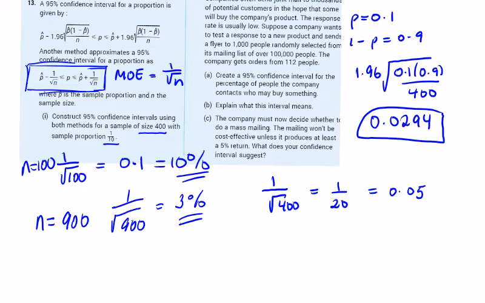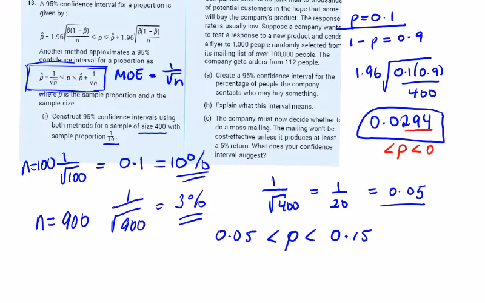So you can see here it's going to be a much bigger spread. For this one, it's going to be my P at 0.1 is what we're testing. I have to add on 0.05, so at the higher end 0.15 and at the lower end 0.05. And for the one up above, which I didn't do the interval for, our P is going to be, instead of 0.1 or 10%, we're going to add 0.0294 onto it, 0.1294.